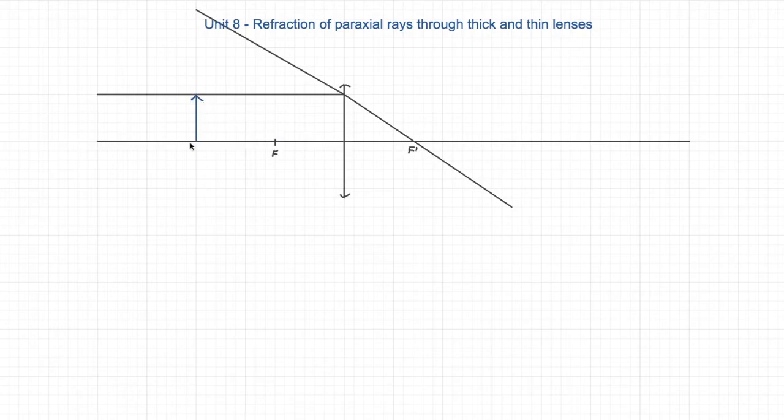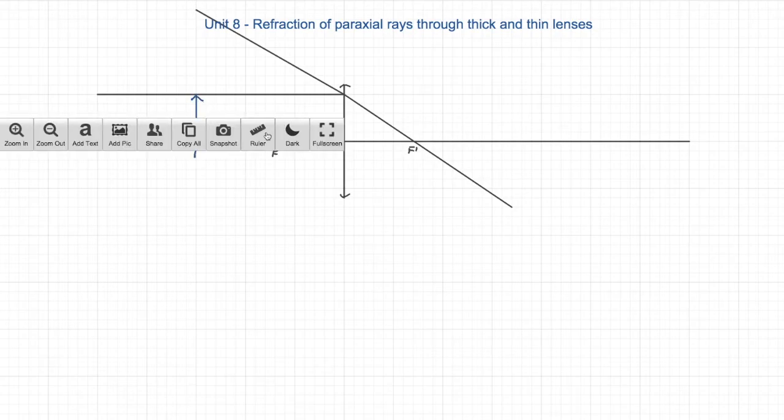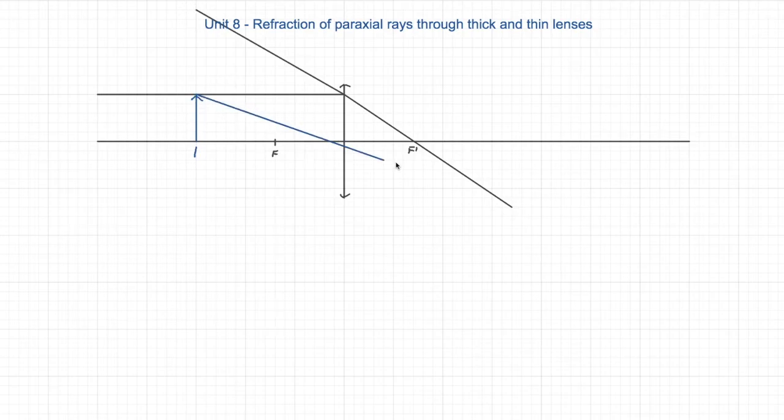It's important to remember that objects on the left are real, images on the right are real. Objects on the right are virtual, images on the left are virtual. So we've constructed object 1, sent our ray through the optical center, and we find that image 1' is real and inverted.